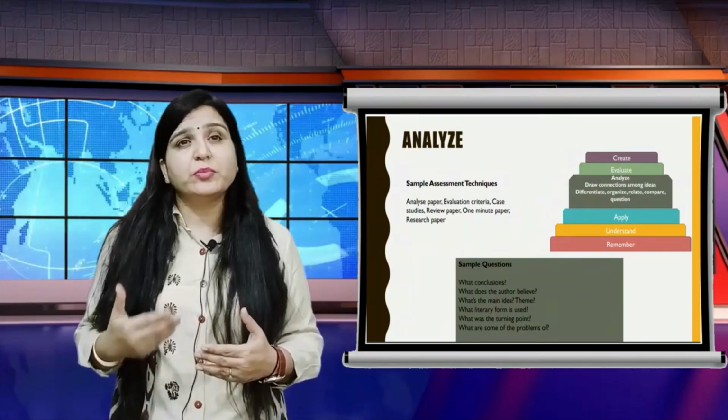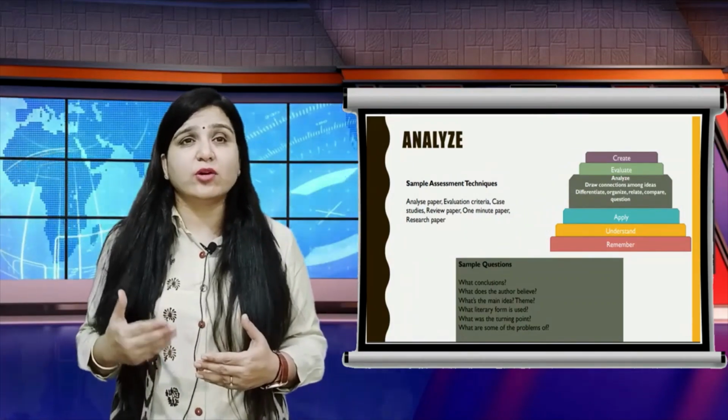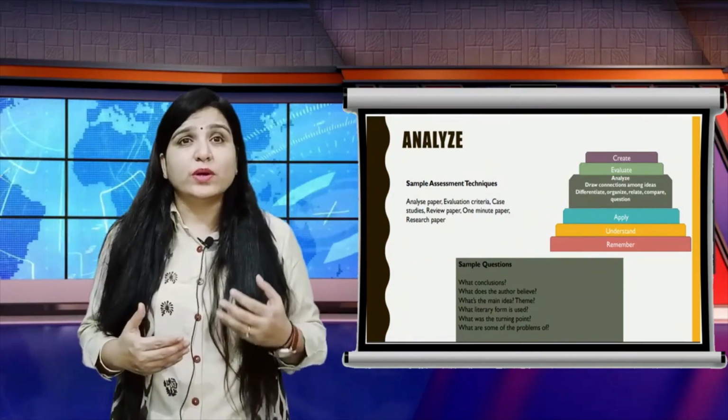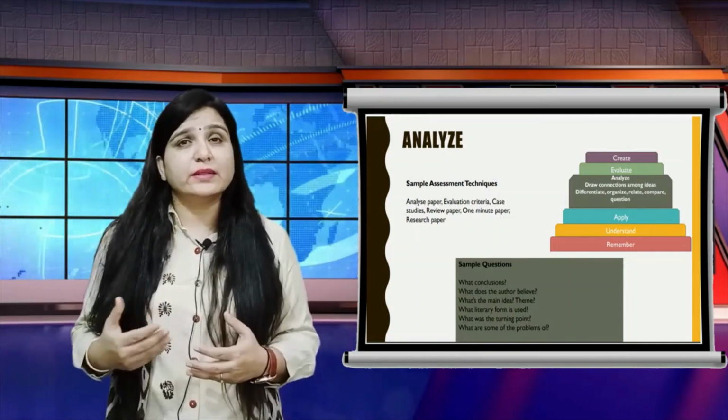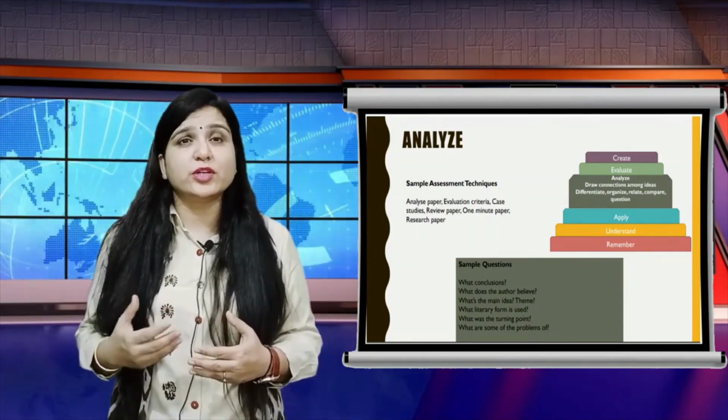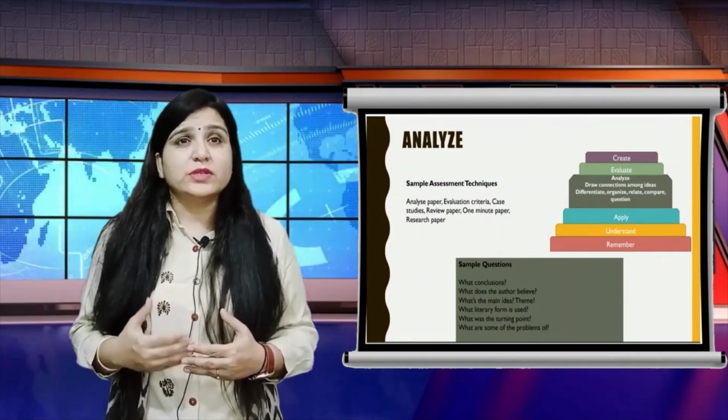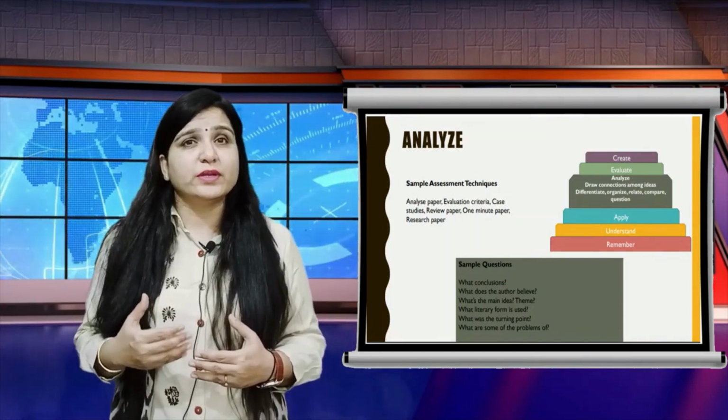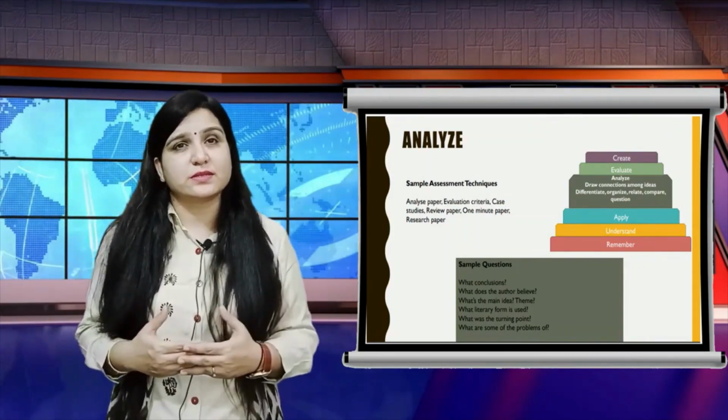What does the author believe? What is the main idea or theme of the story? What literary form is used in the text? What was the turning point, etc. So these types of questions will help in the assessment at the analysis level.